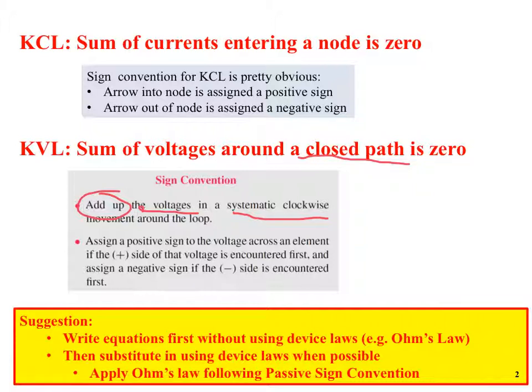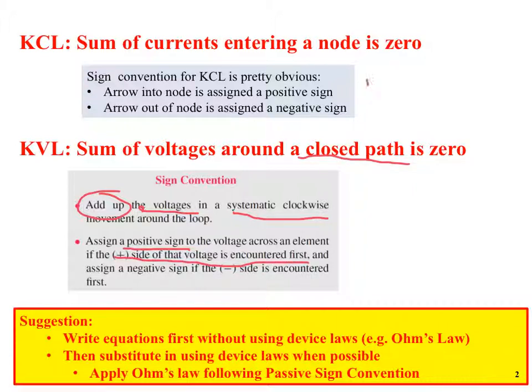And so we have to have a convention for when we add the symbol and when we subtract the symbol. So we will assign a positive sign. And again, this is not the numerical sign, but whether we're adding or subtracting to our sum, we'll use a positive sign to the voltage across an element if the plus side of that voltage is encountered first.